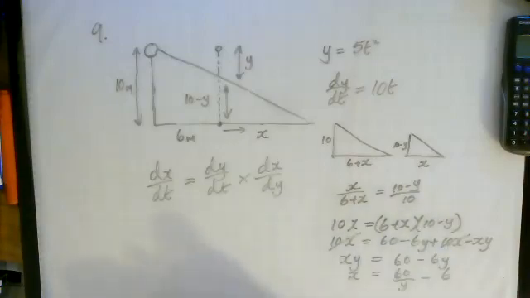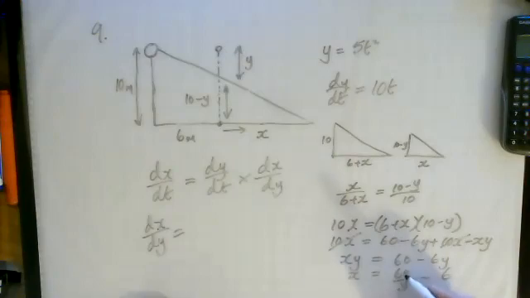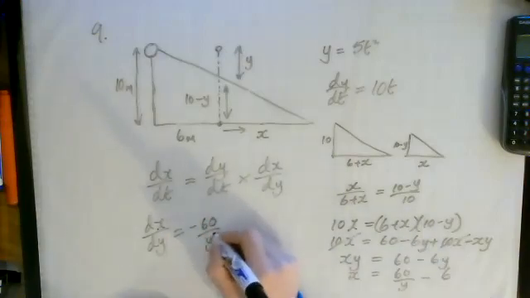Next, we differentiate to get dx/dy. dx/dy equals 60 times y to the minus 1 differentiated, so minus 60 over y squared.